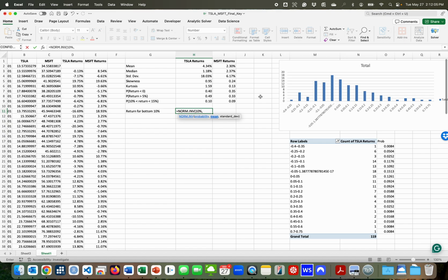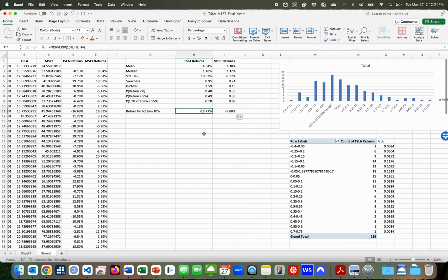So 10%, the mean is H2, the standard deviation is H4. And we can format this as a percent because it should be in the same units as the mean.